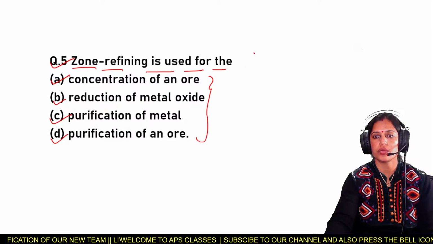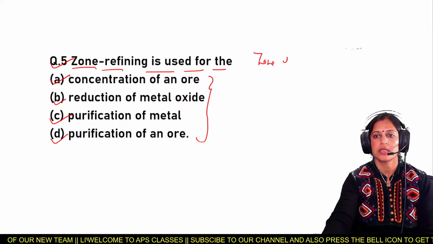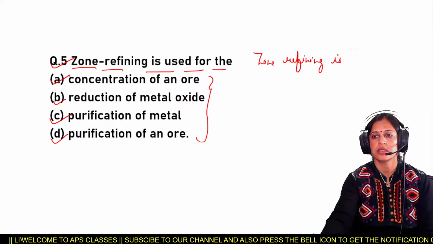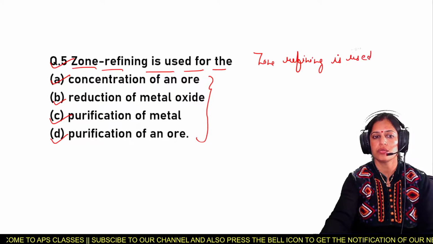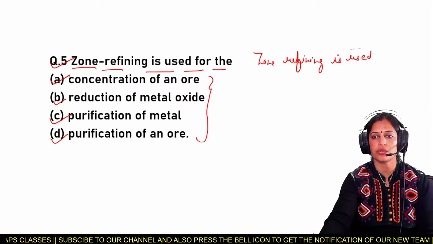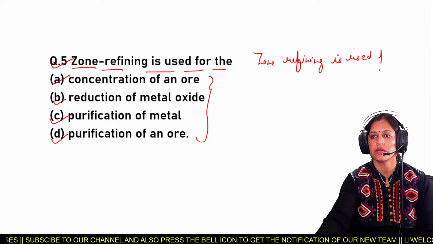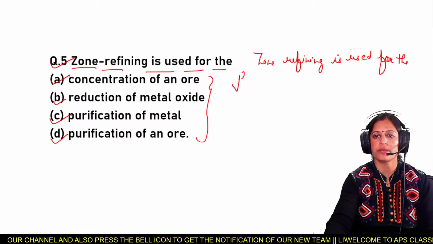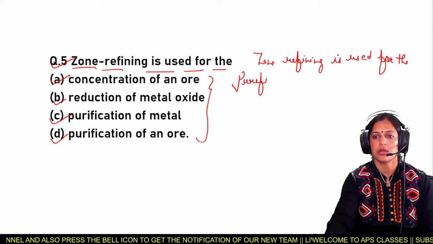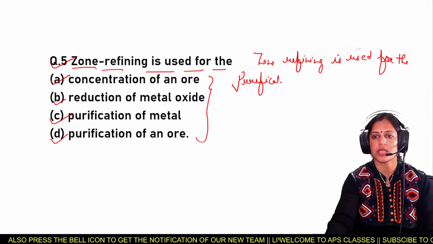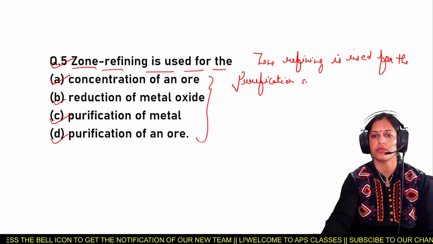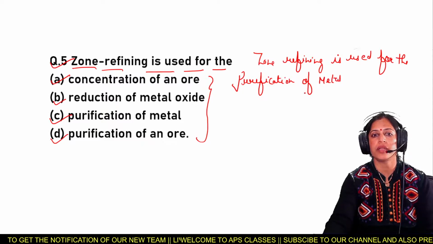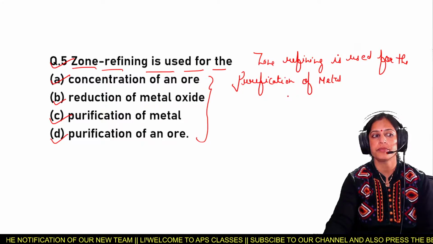Zone refining is used for the purification of metal. Only zone refining is the process used for the purification of the metal, that means with its help we can easily purify metals.